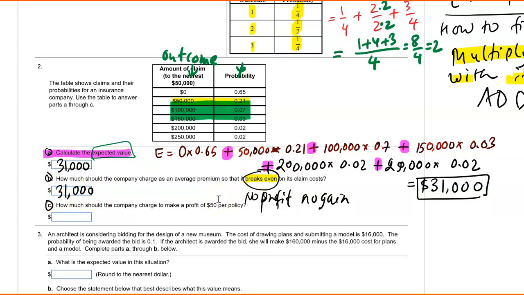If the company wants to get a profit, it should charge $50 more than 31,000. Therefore, the answer is going to be 31,000 plus 50. You get 31,050. That's what the company should charge to make a profit of $50 on each policy.